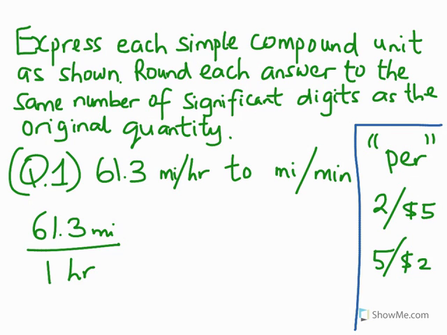So that is what per means. So this means 61.3 miles over 1 hour, because this is now per hour, right? Now, if they wrote per 2 hours, then they will put 2 hours, and that will be different. But if they just write miles per hour, that means for 1 hour.